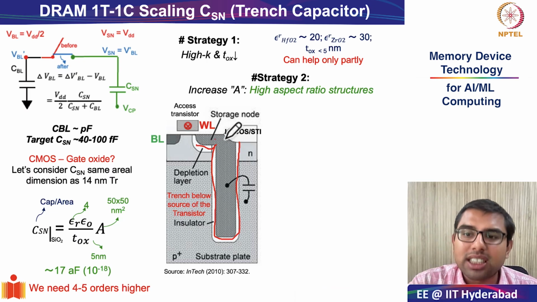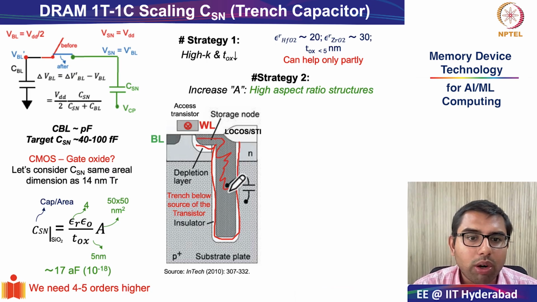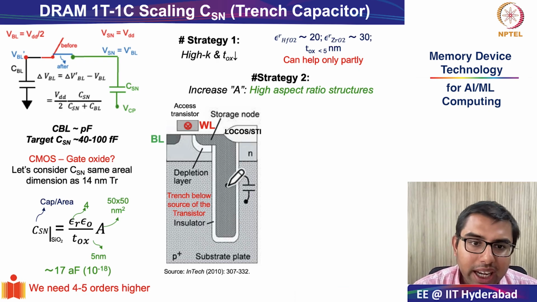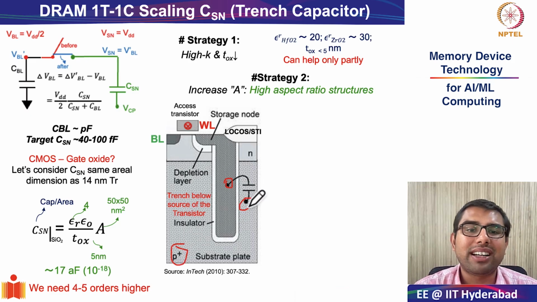Once you do that, the trench is next filled with your inner electrode. This inner electrode consists of heavily doped polysilicon. So finally, this becomes one terminal of your capacitor, and this common substrate, the P plus doped substrate, becomes your other capacitor terminal.